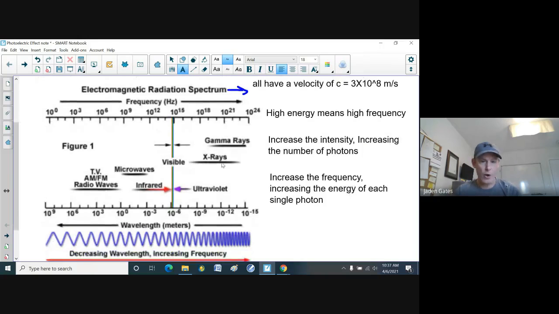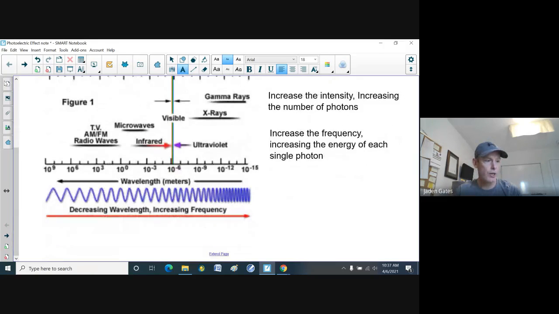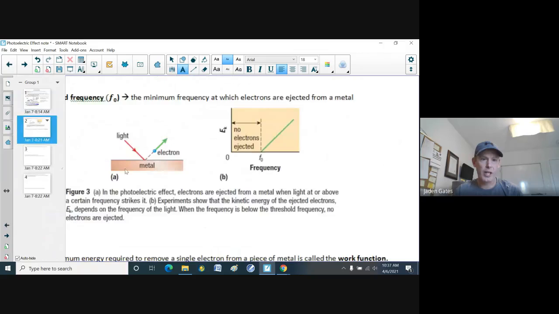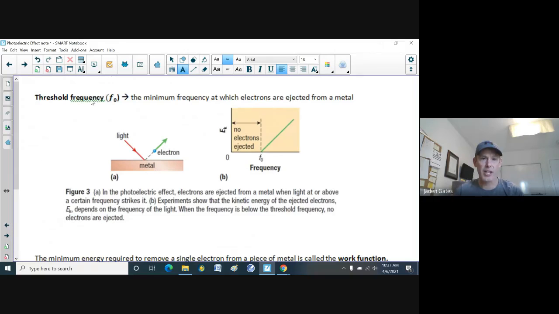All right, now on that note, we get to what's called the threshold frequency, f naught. That's what the little zero there means. And that is the minimum frequency at which electrons are ejected from the metal.